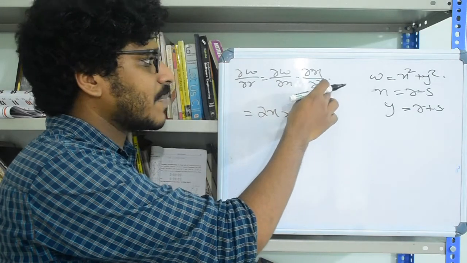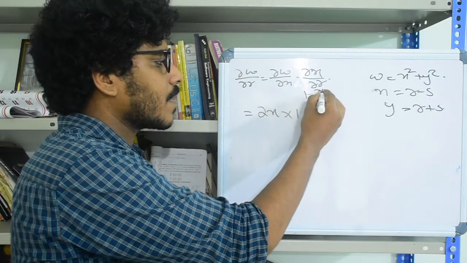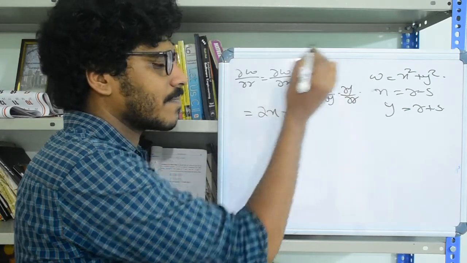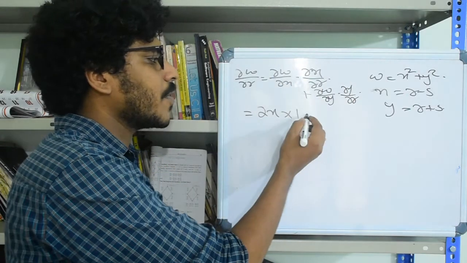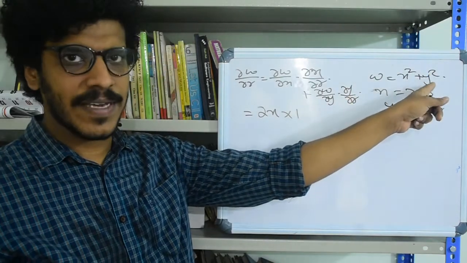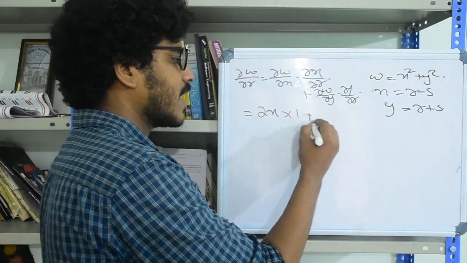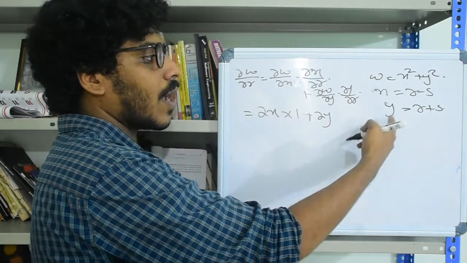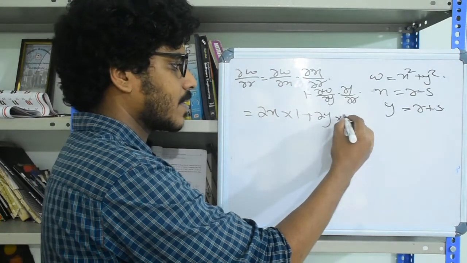See, we have missed a term here. Dou w by dou y into dou y by dou r. Right. So what is dou w by dou y? The partial derivative of w with respect to y. As we have done for x, it is 2y into dou y by dou r, which is again 1. Right.